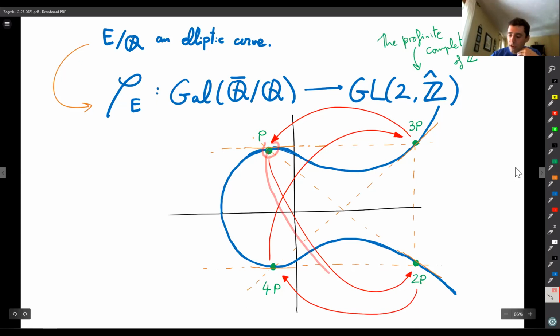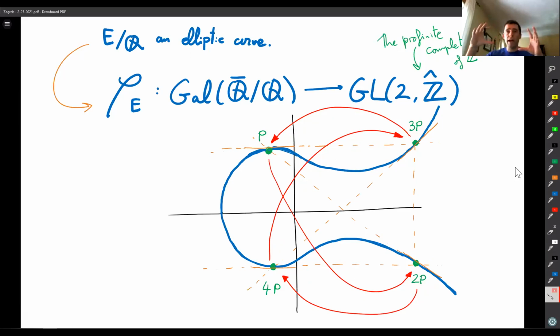For example, an automorphism of Galois can send P to 2P, and that same automorphism determines where all the other points of order 5 go. So in that action, if P goes to 2P, then 2P goes to 4P, 4P goes to 3P, and then 3P goes back to P. And that action gives you pieces of the adelic Galois representation, and every such action goes into it.